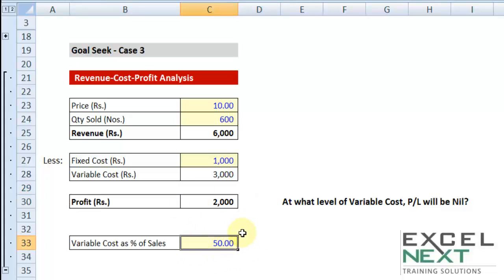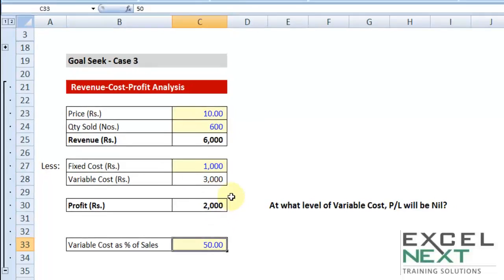Now the question being, at what level of variable cost will the profit or loss be equal to 0? As of now, I'm getting a profit of 2000, but obviously if the variable cost goes up, this is going to go down, profit going to maybe even 0 or negative. So I want to know at what level of variable cost shall the profit be equal to 0?